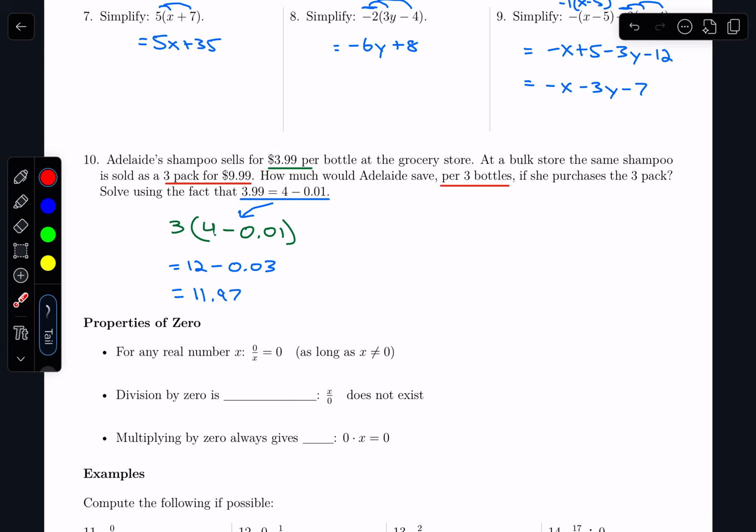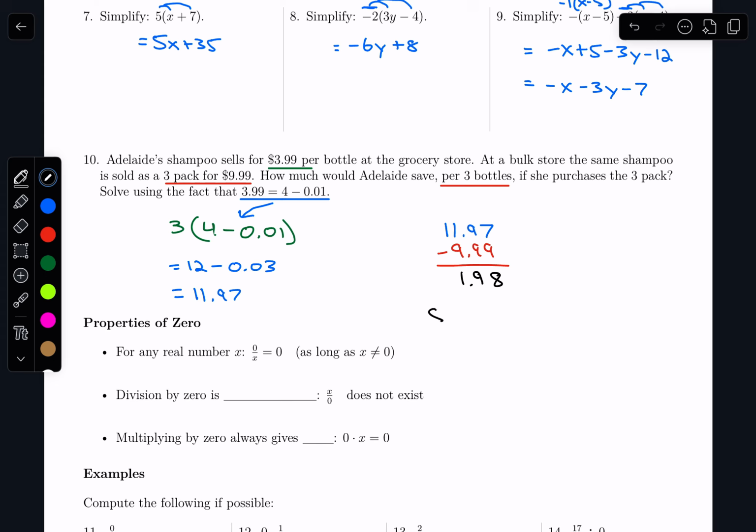All right, so now the actual question is, how much is she saving per 3 bottles? So she was paying a rate of $11.99 per 3 bottles. And at the bulk store, it's $9.99. So if we just subtract these two prices, we'll get what the savings is. This subtraction works out to, let's see, an 8 there, a 9 here, a 1 there, $1.98.